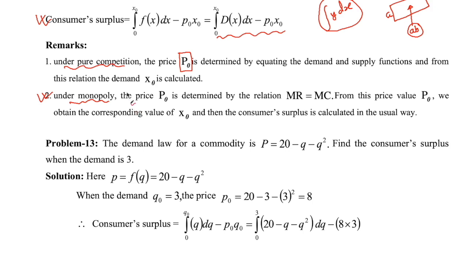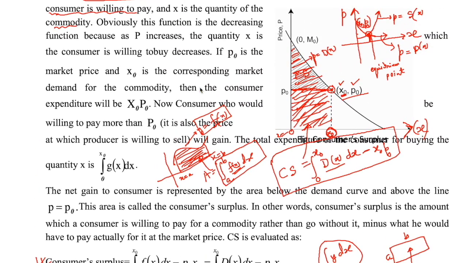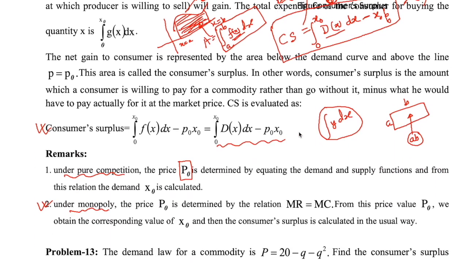From this relation, the demand x0 is calculated. What they want to say here: if you know the demand function and supply function, then the point of intersection will help us to calculate P0 and x0.